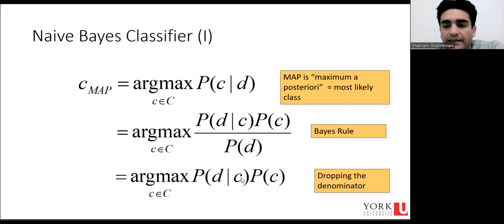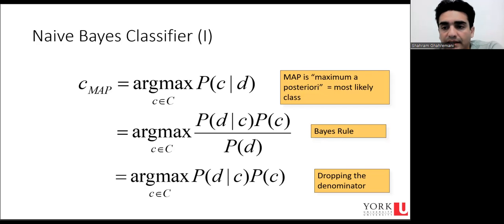By Bayes' rule, whichever class maximizes the probability of C given D also maximizes this equation: the probability of D given C, times the probability of the class, over the probability of the document.